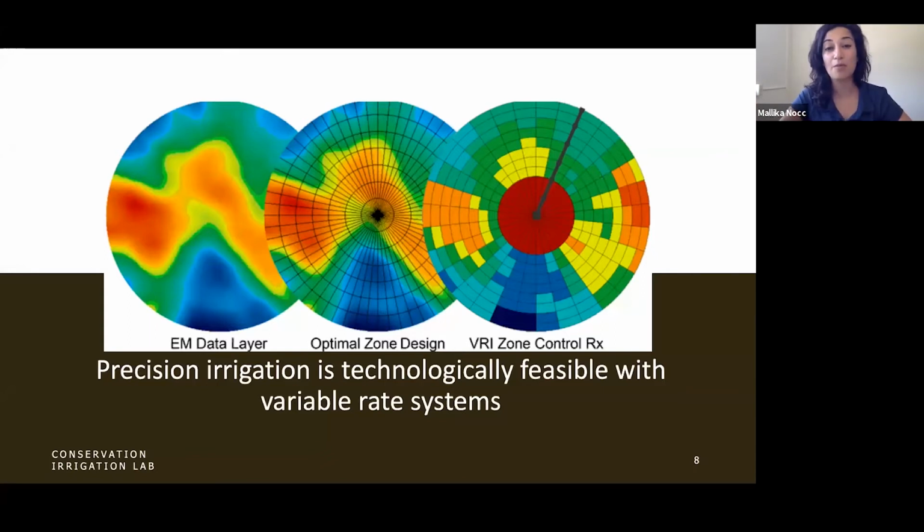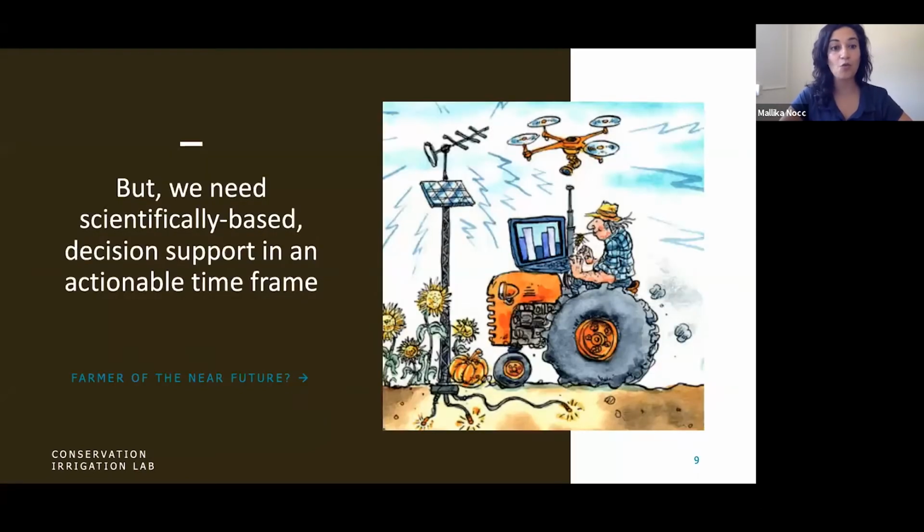It's becoming more and more possible to implement precision irrigation. And if you want to do precision irrigation or precision fertigation, we need scientifically based decision support in an actionable time frame. That actionable time frame is kind of a big part of the challenge right now.